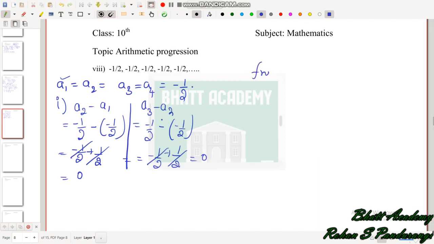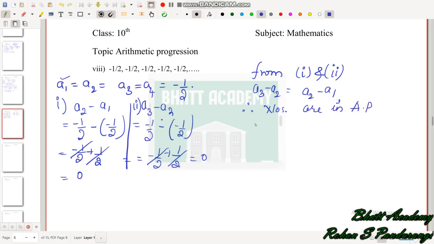So from two conditions, that is one and 2, from 1 and 2, a3 minus a2 is a2 minus a1. Therefore numbers are in arithmetic progression with common difference to be 0.